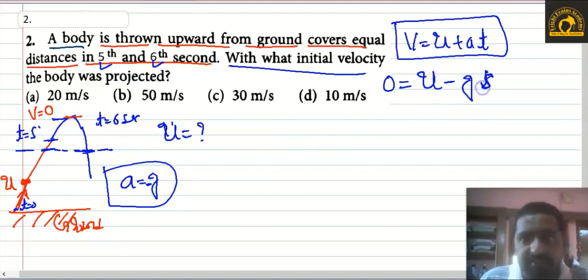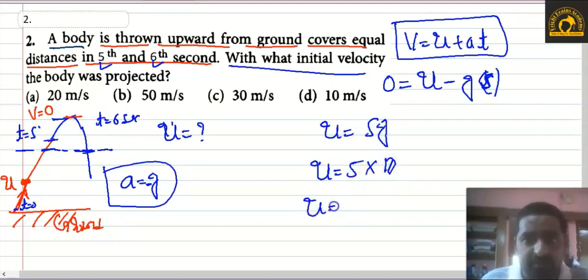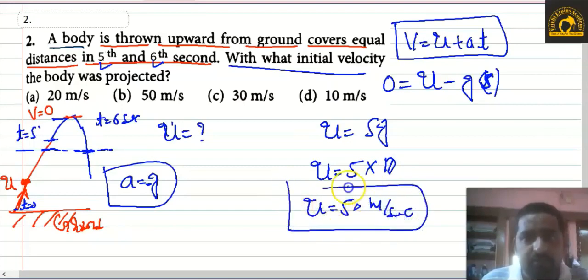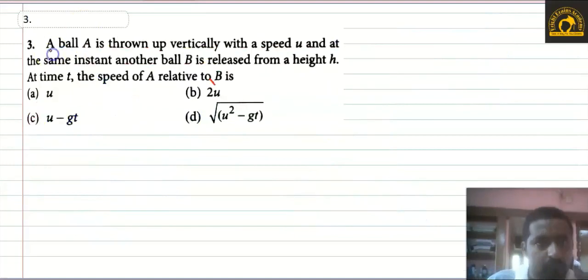It is 5 seconds. So u is equal to 5 into g, and with acceleration due to gravity as 10, the initial velocity is equal to 50 meters per second. So which is the correct answer? Option B is the correct answer for this question.